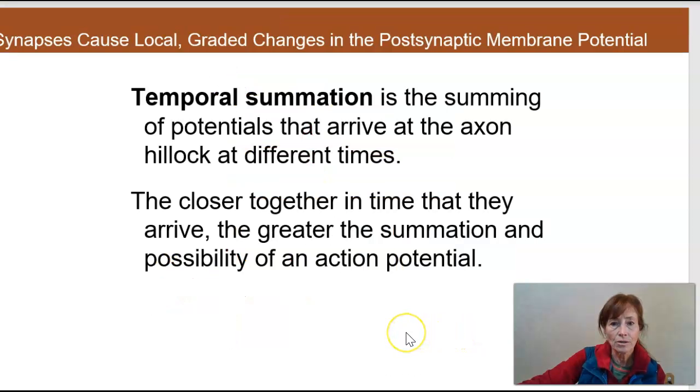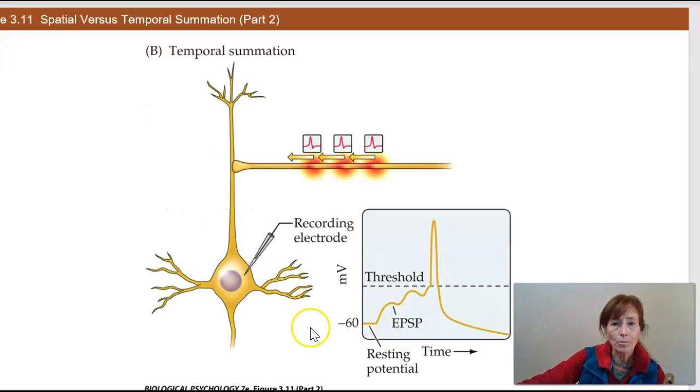Temporal summation, though, means that sometimes these inputs can happen rapidly, one right after another at different points in time. So here you can see inputs coming in from the same neuron, but with a little bit of a delay between each of those inputs. And that also could cause an action potential. And that's the story. So that's a little bit of a review for you.